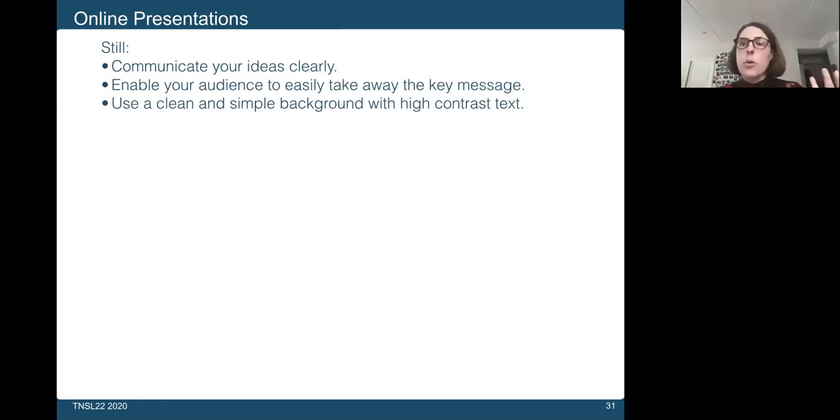So you can go in there two days before, check the projected quality and see, okay, there is not enough contrast between text and background. Here, it will depend on what screens your colleagues are using. So try to use a simple background, high contrast, so that everyone can read what you're writing.